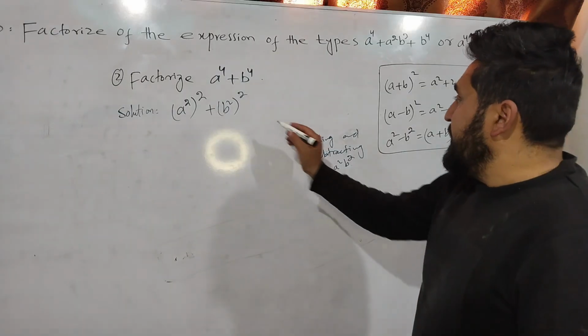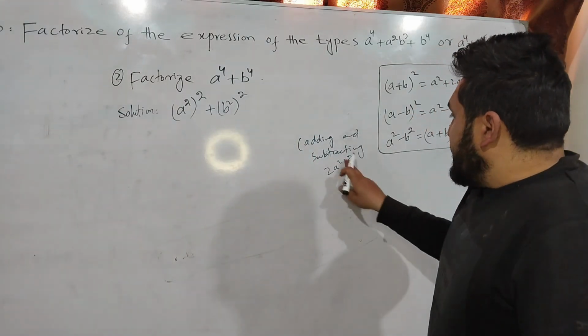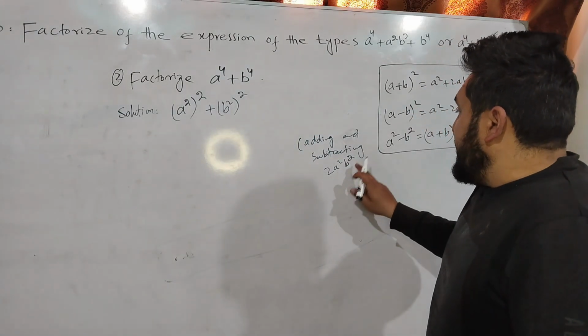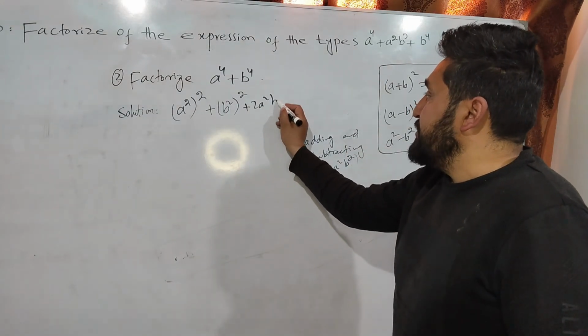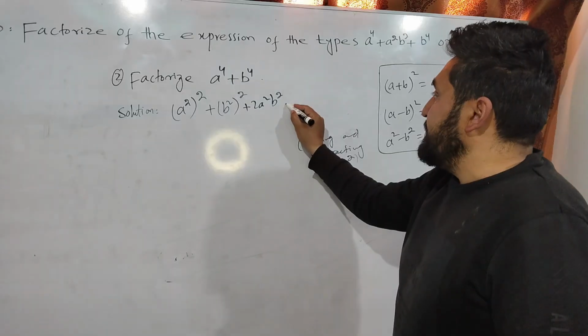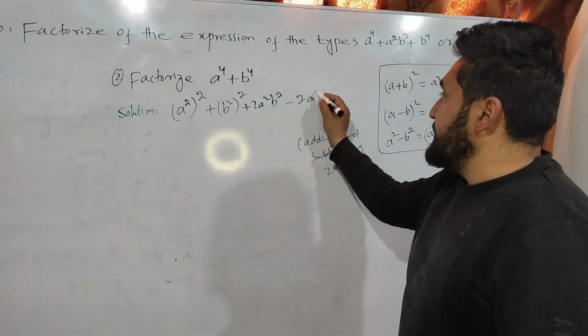So here we add and subtract 2a square b square. Okay, here plus 2a square b square, and for balance we minus the same term with this expression.